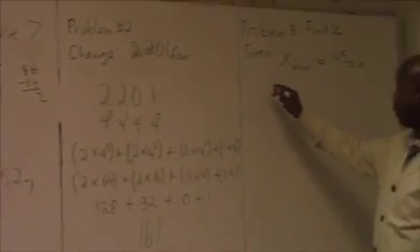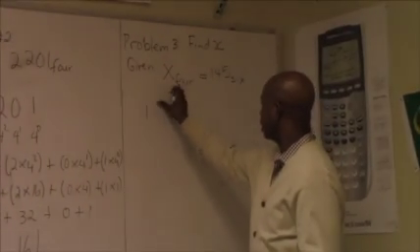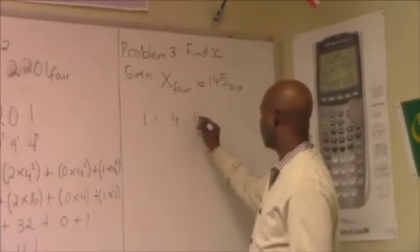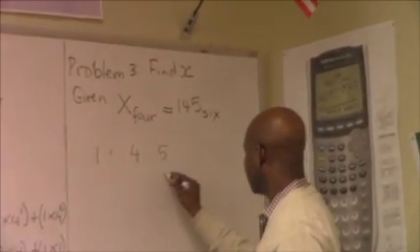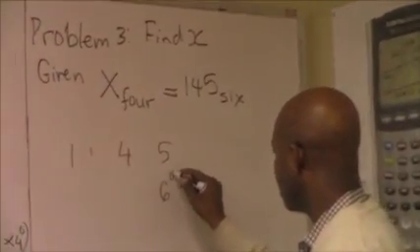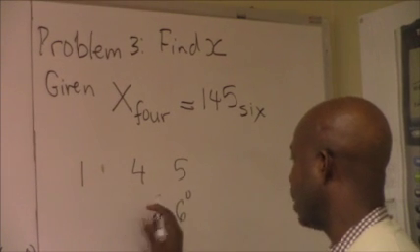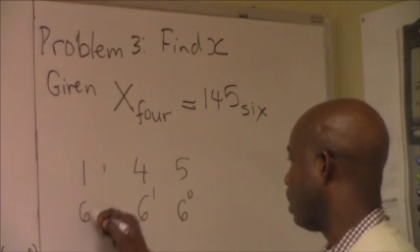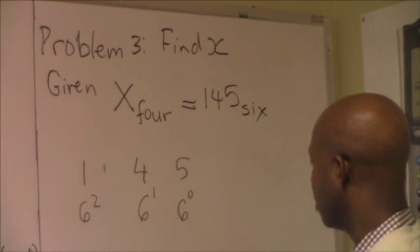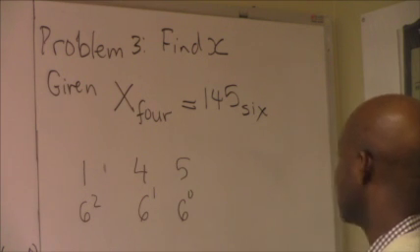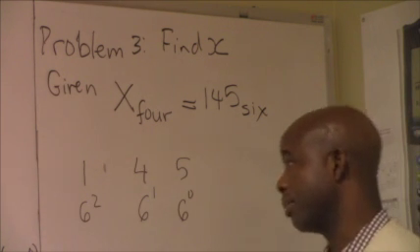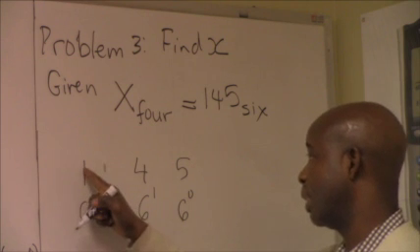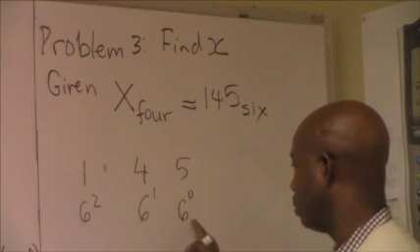So let's change this again. We're going to write this number as 1, 4, 5. And since we are dealing with base 6, we're going to begin here by saying 6 to the 0 power, and increase the powers by 1. So in converting this to base 10, it will be the sum of the product of each digit multiplied by the powers given over here.